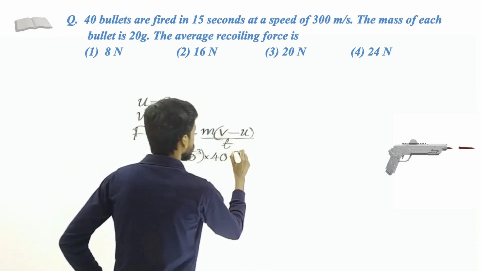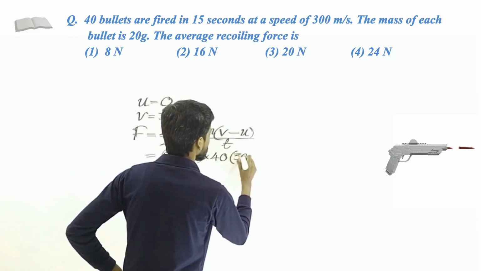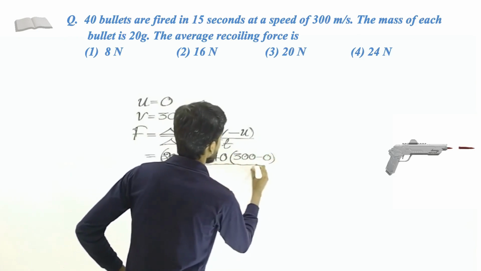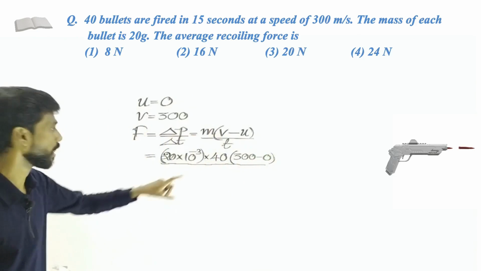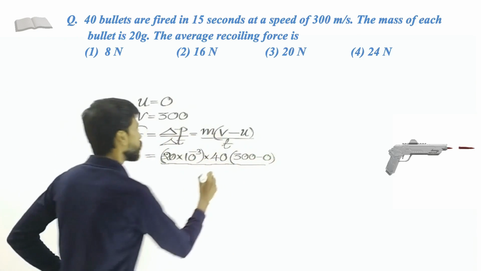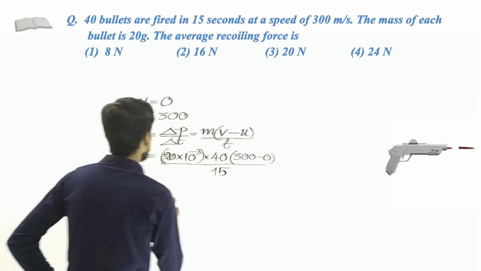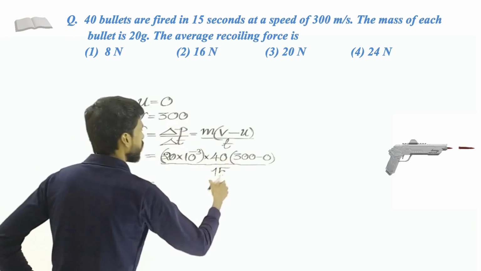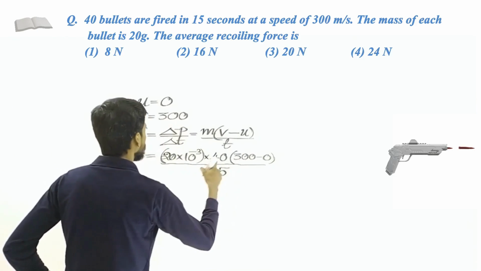So v minus u, where v is known, 300, minus u, which is 0, divided by the time, which is 15 seconds. 40 bullets in 15 seconds, so divided by 15. Let us simplify this to get our required answer. 300 divided by 15 is 20.